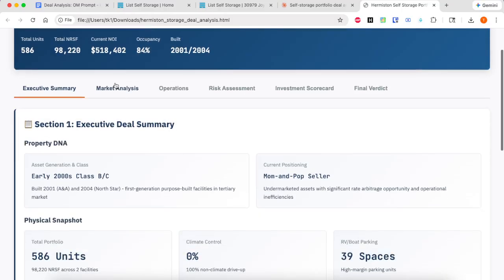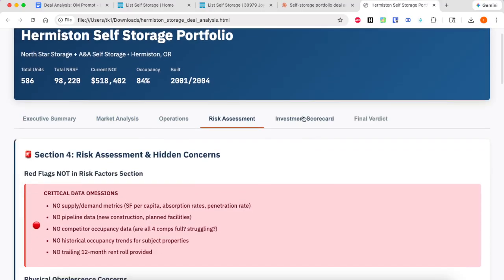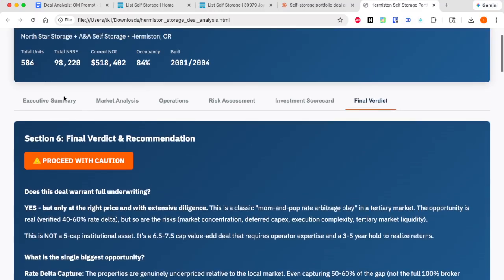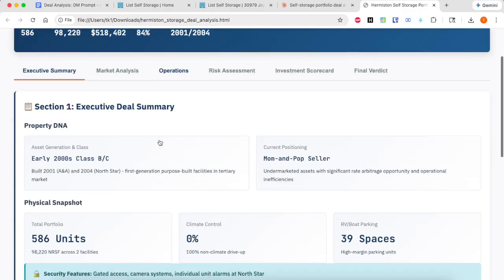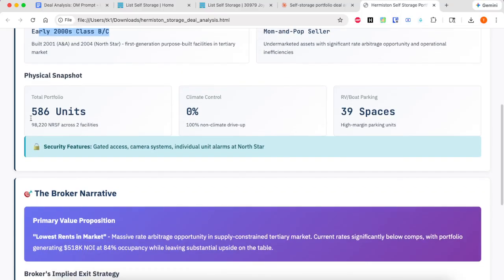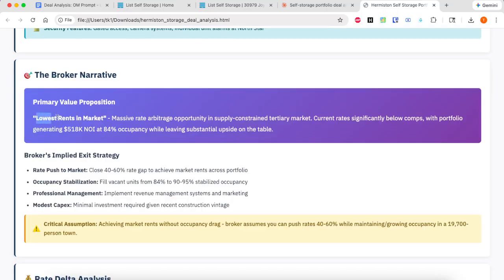So we have the executive summary, market analysis, operations, risk assessment, investment scorecard, and final verdict. So it's pretty incredible. You can skim through it and see it identified Class B/C, early 2000s, mom and pop, 586 units, no climate control, lowest rents in the market.